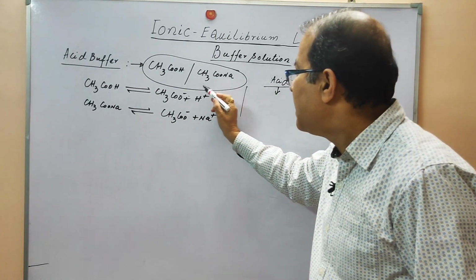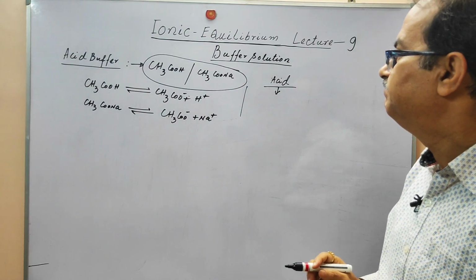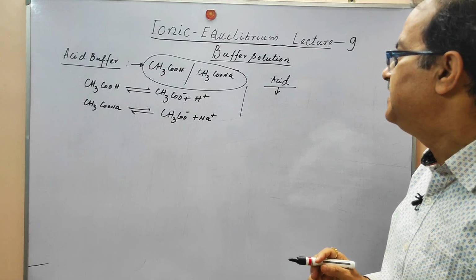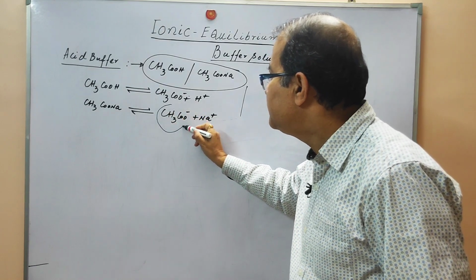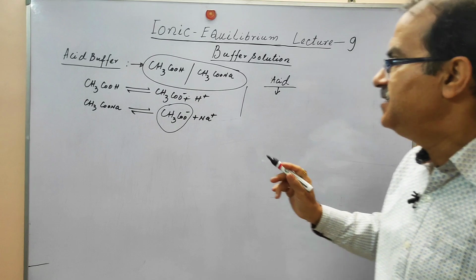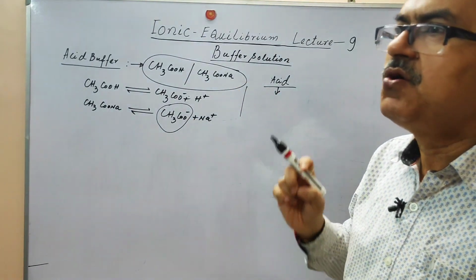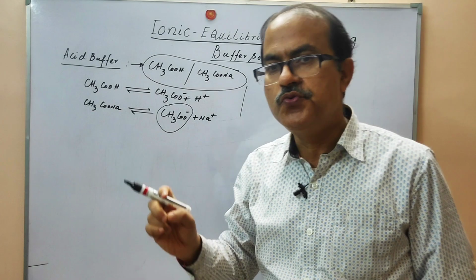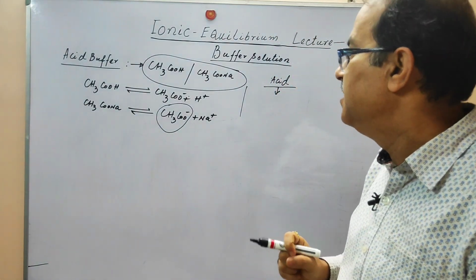The H plus ion will increase, and at that time you will see this is the base. The conjugate base is a very strong base, you know. A weak acid always produces a conjugate base which has very high strength.